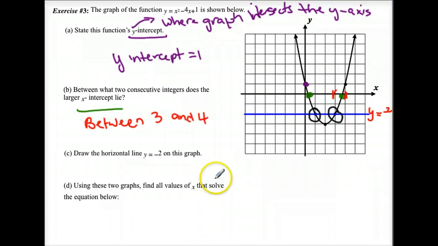So the two graphs intersect, find all the values of x, just the values of x. So what I have to do is come up and see where this intersects the x-axis. So I know the values of x are going to be when x is equal to 1 or when x is equal to, what's this point right here? 1, 2, 3.